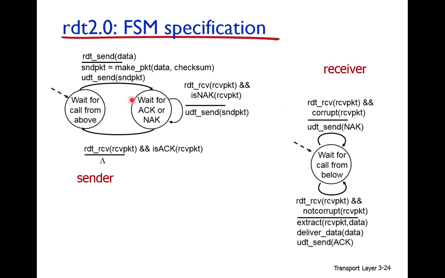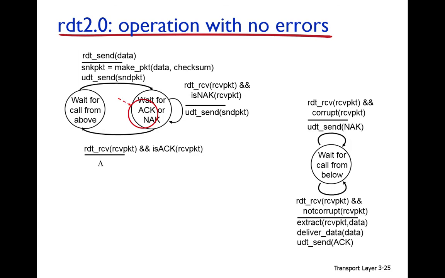And now the sender is waiting for what? For acknowledgement or negative acknowledgement. So again, the sender is waiting to receive the data from the application layer, and when it receives the data, it makes the packets and also computes the checksum. Why?